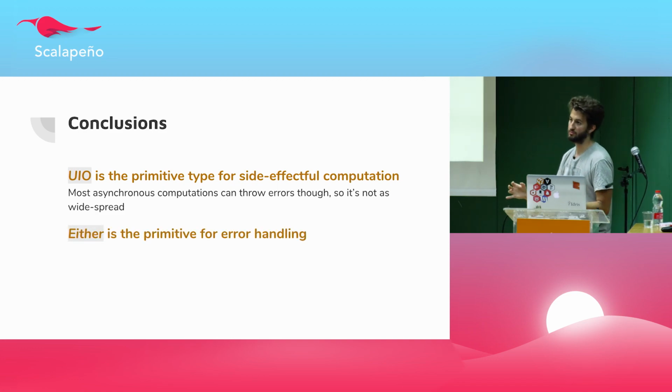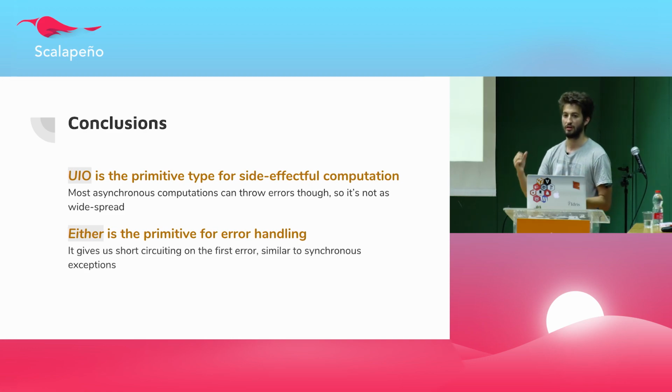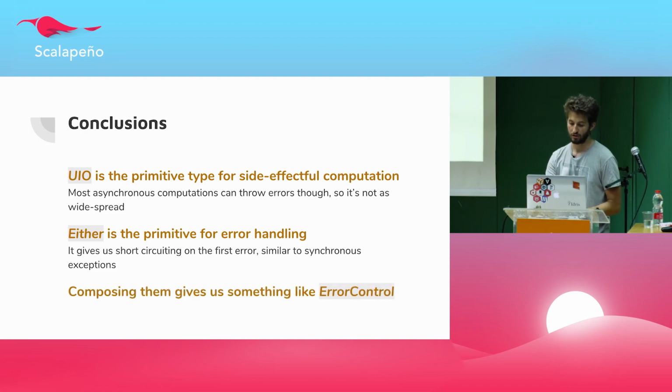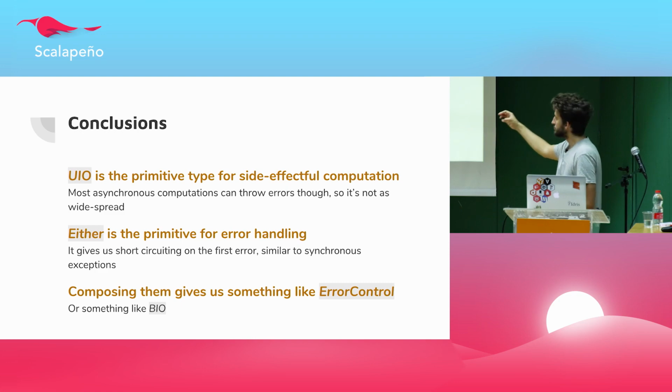And so EitherT is the primitive we're using for error handling, and it gives us this short-circuiting behavior that is very similar to how we expect synchronous exceptions to work. And composing them together gives us something like ErrorControl or something like bio. So ErrorControl is kind of a way to abstract things like bio.